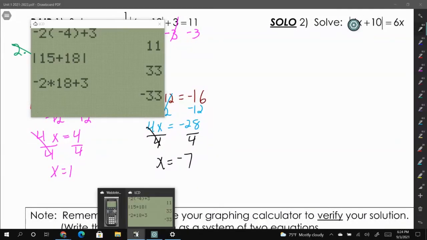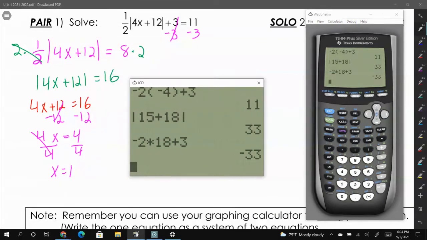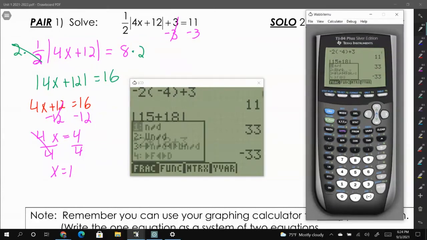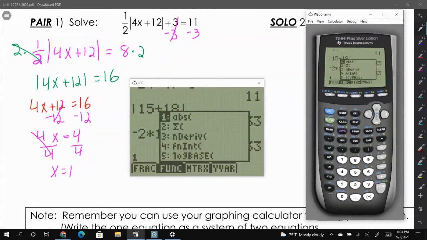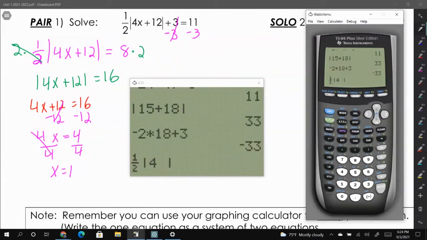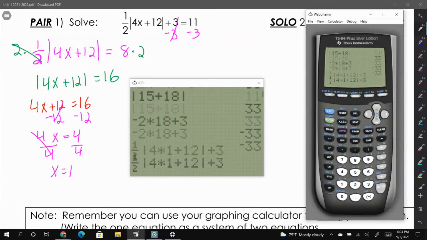So then in the calculator, luckily we don't have to plug in anything on the right side. It's just equal to 11. But we do have some work to do up front. So 1 over 2, and then absolute value of 4 times x, so 4 times 1, plus 12, and then outside the absolute value plus 3, and we want this to equal 11.